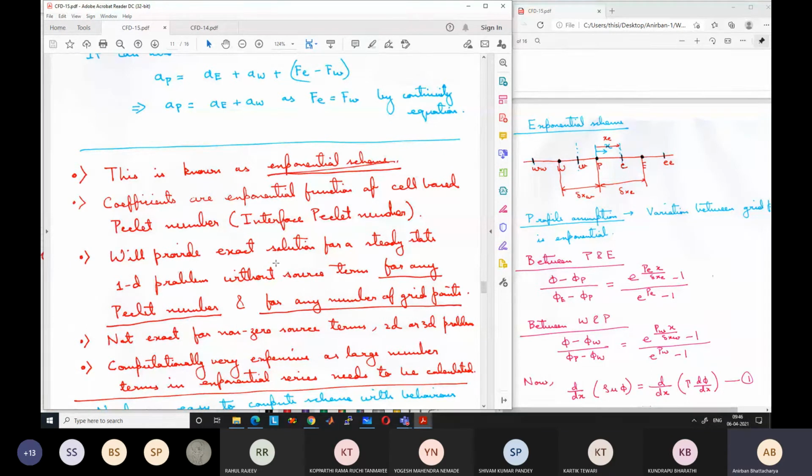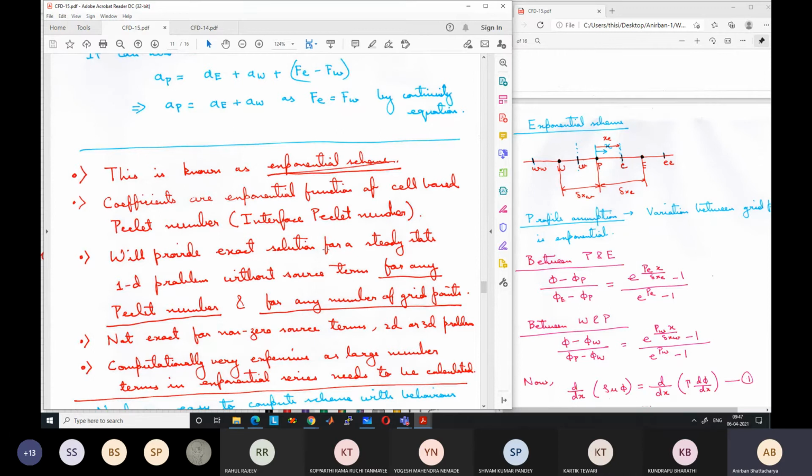Why will it provide an exact solution for the 1D steady state problem without source term? Because we have devised this scheme based on the actual solution of the 1D steady state problem without source term. So because we have already taken the actual solution into devising this scheme, obviously it is going to be exactly correct for this same problem, even if we solve it in a CFD form.